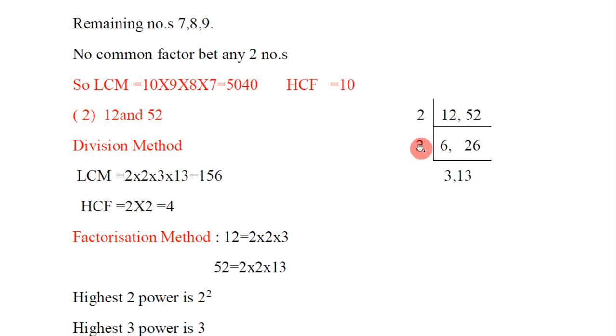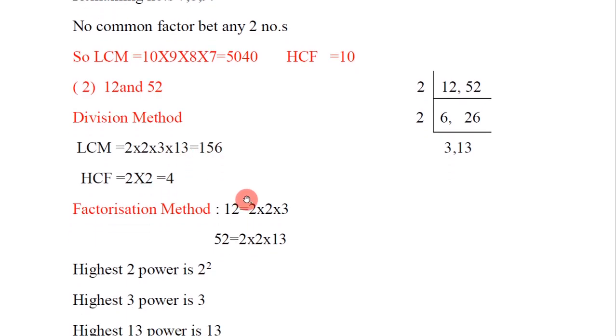In the next step again we have written 2, common to both 6 and 26, so we also regard it as a common factor. But not 3 and 13, so we take only these two numbers' product to write the HCF. So HCF is 2 into 2, which is 4. So these are the LCM and HCF by division method.